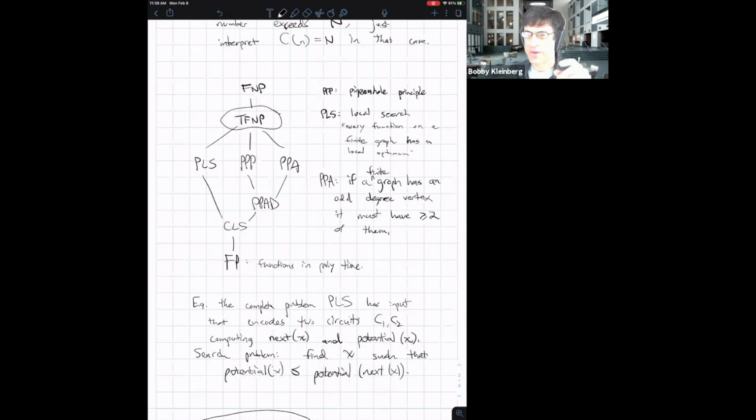So, you know, unlike NP, where the main organizing principle for understanding problems in NP is completeness, and the fact that almost all the problems we think about in this space are in one giant computational equivalence class of NP complete problems, within total search problems, there seems to be a much more refined and subtle relationship between problems.